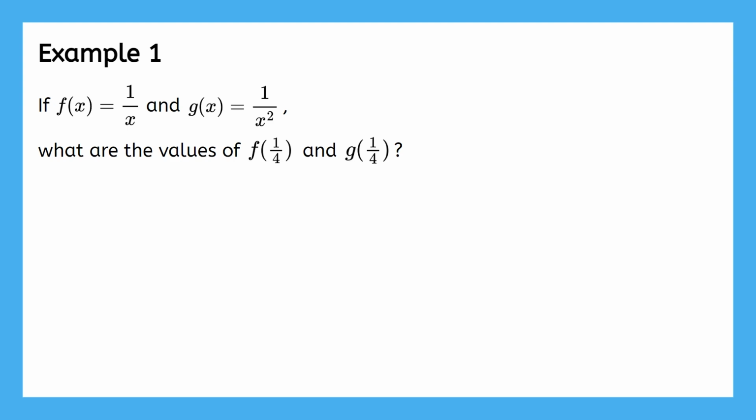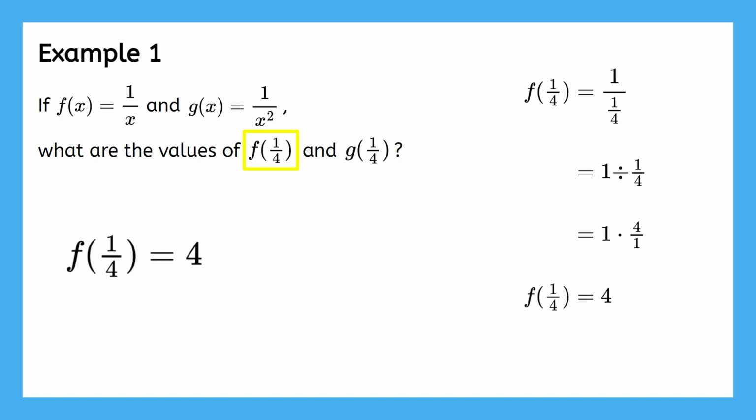We can plug the values in as we would for any other function. So let's start with f of 1/4. If we plug in 1/4, that gives us 1 over 1/4. This is the same as 1 divided by 1/4. Changing this division into multiplying by the reciprocal gives us 1 times 4 over 1. So f of 1/4 is 4.